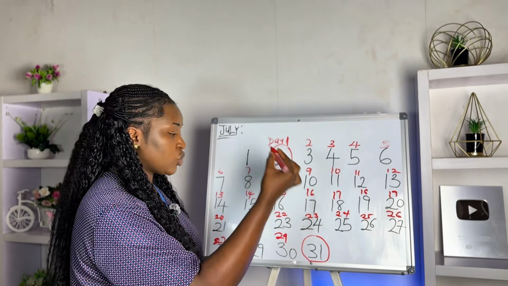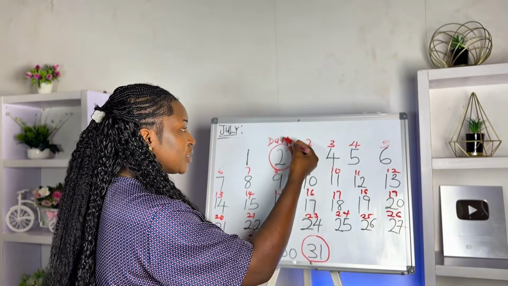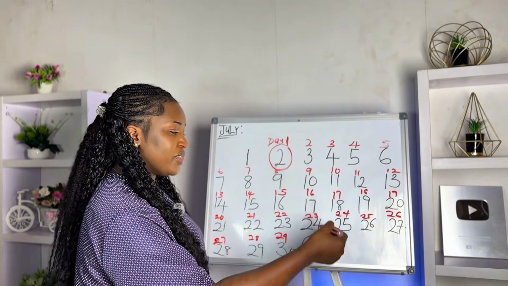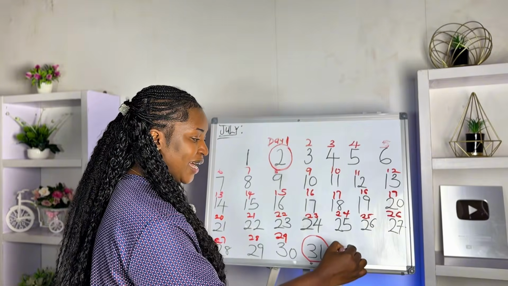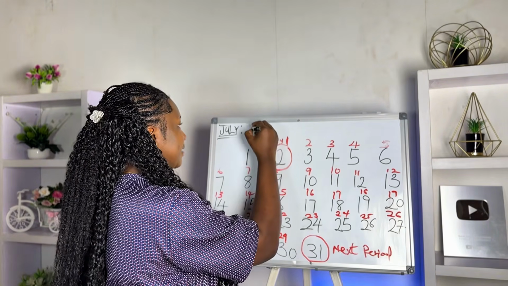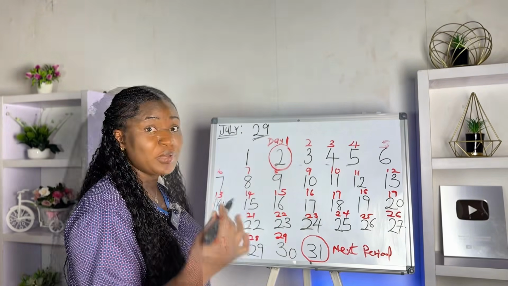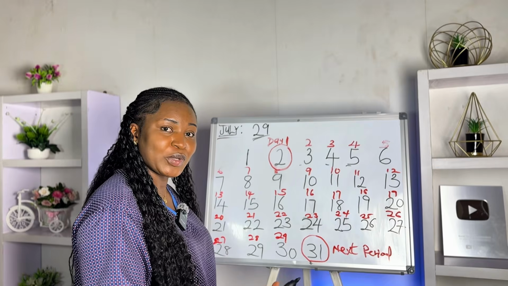So this is a 29-day cycle length. So it's the number of days from the first day you see your period to the day before your next period begins. That is your cycle length. I believe you now understand what your cycle length is.